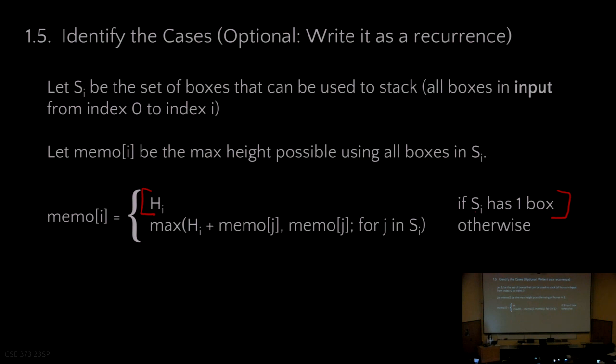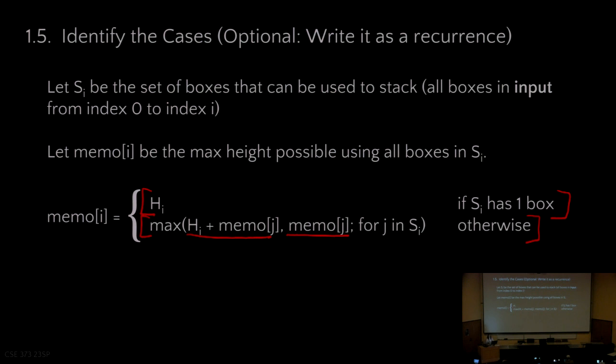So if the set of boxes that we can use only has one box, the max height, which is the value stored in memo, is just going to be the height of that particular box. And then this is the recursive case, so in any other situation, it's going to be the max between this and this. Any questions?